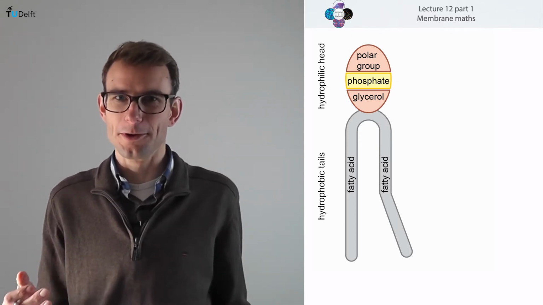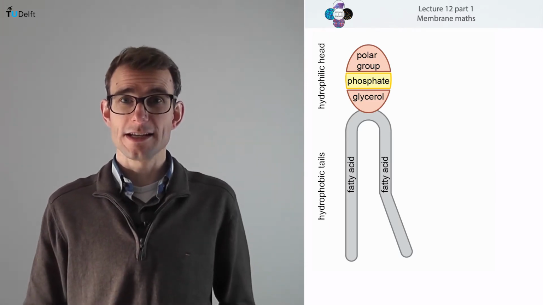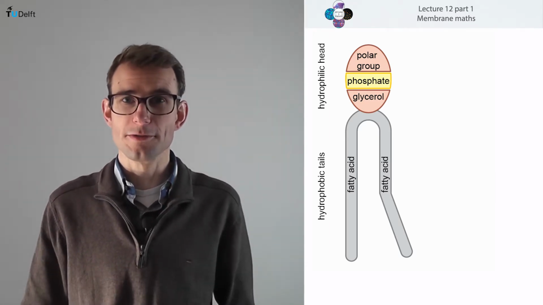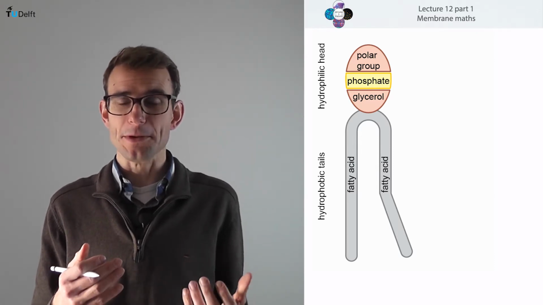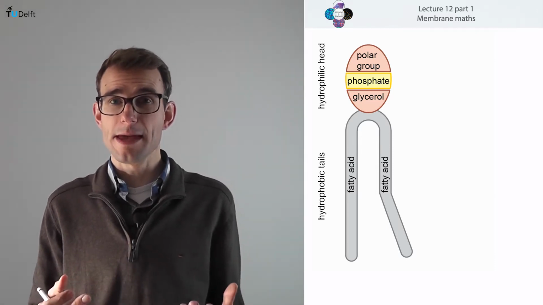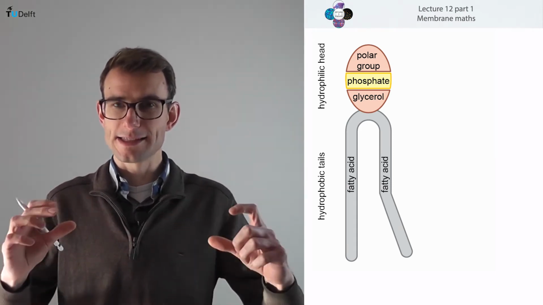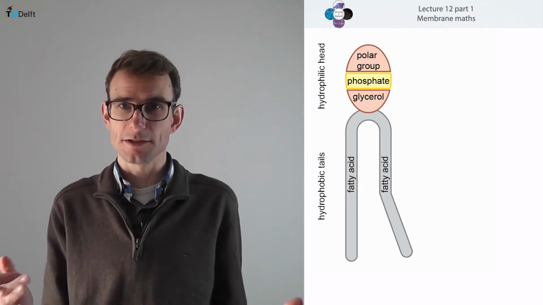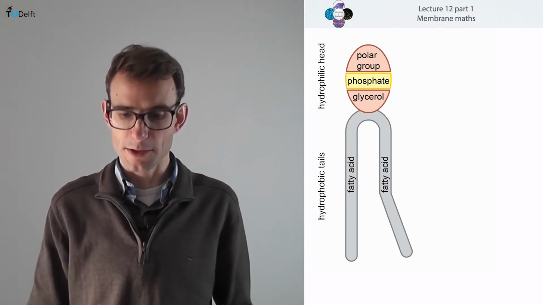And you all know that oil does not dissolve well in water. So if we throw a lipid like this in a watery solution, well, if it's on its own, it will just be unhappy. But if there are many of them, what will happen is that they will spontaneously make a bilayer, a double layer of lipids, where all the heads are on the outside so that they are facing the water, and all the tails are on the inside so that they are not interacting with the water at all.